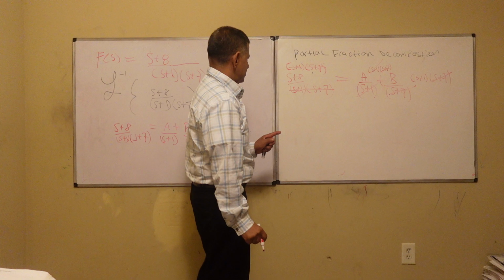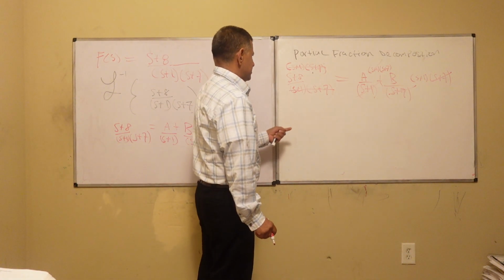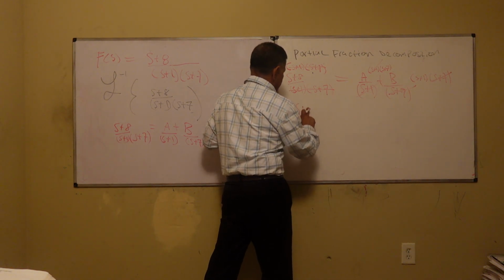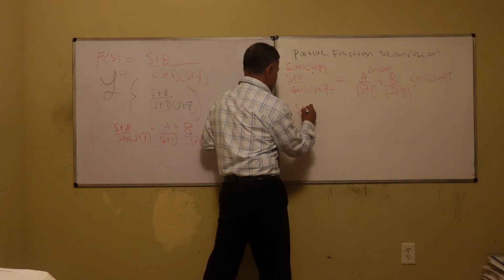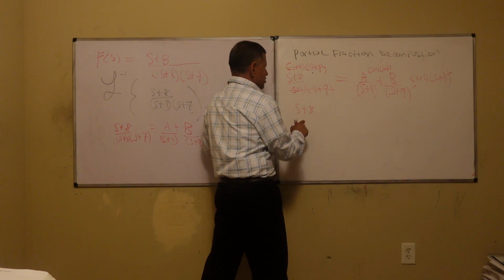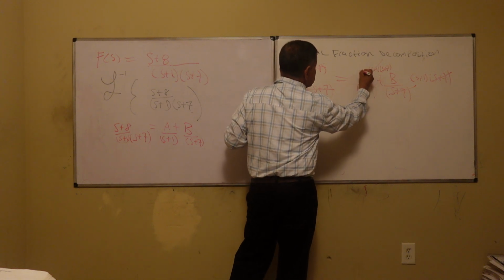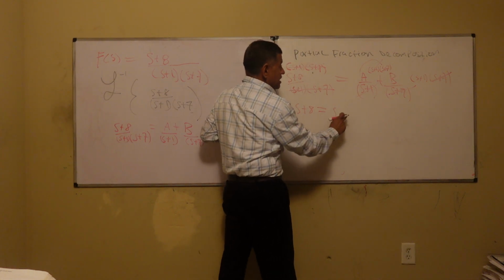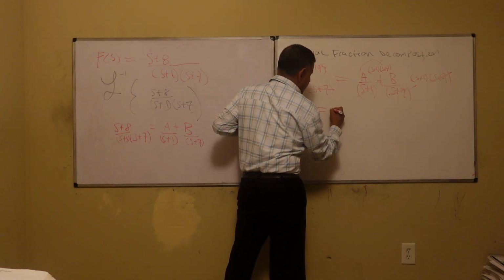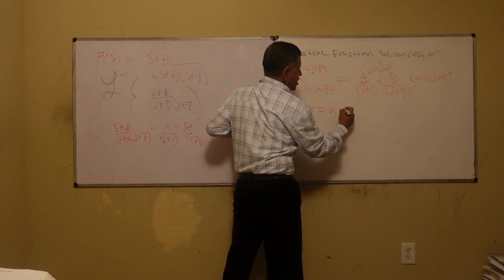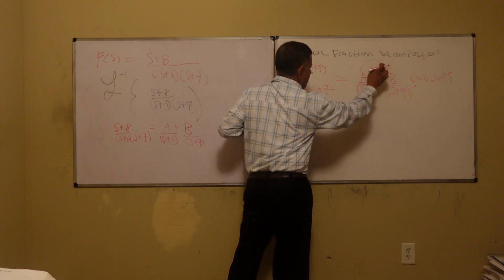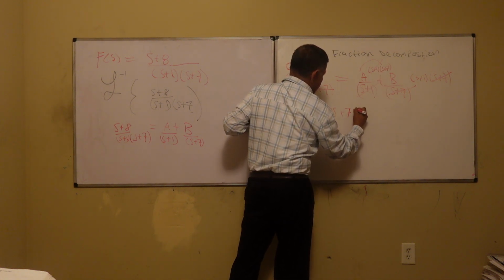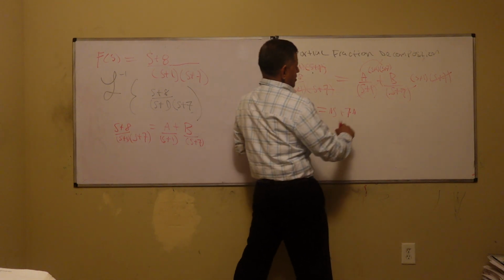Now, let's look at what we have, right? So now we have S plus 8 equal to this multiplying that guy, which is going to be AS plus 7A, right?